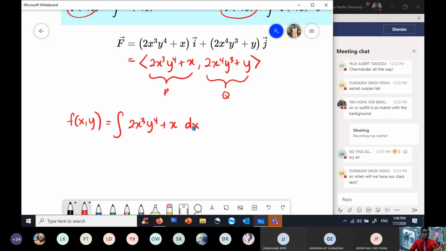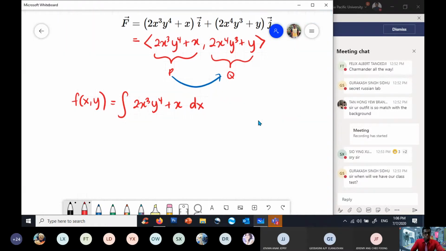Because you are choosing the first component. The first component corresponds to x. If I start from Q, I will integrate everything here with respect to y. But right now I'm not doing this part. I just want to mention it. Okay, so right now I'm doing the first component. I'm starting from P and I'm going to end up at Q. Okay, so starting from P, I'm going to integrate my P with respect to x.